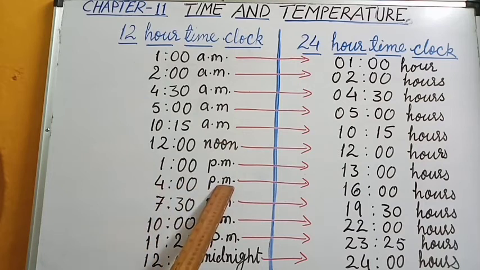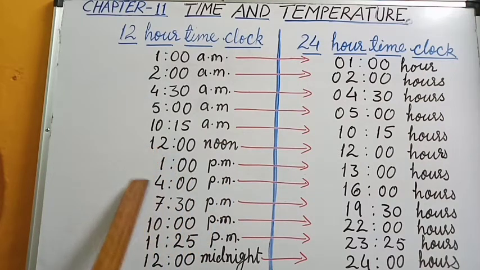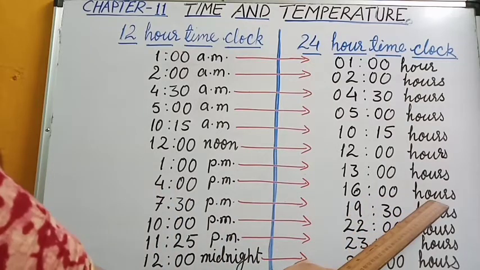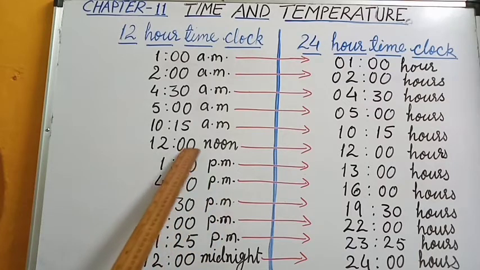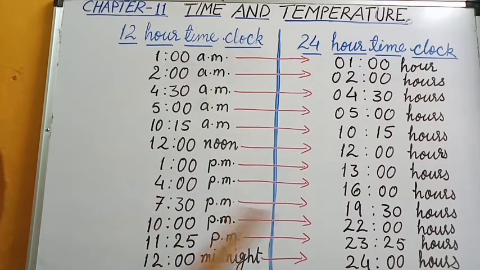Now 4 PM means after 12, 4 hours, that means 12 plus 4, 16 hours. Now 7:30 PM means after 12 noon, 12 plus 7 is 19 and 30 minutes.